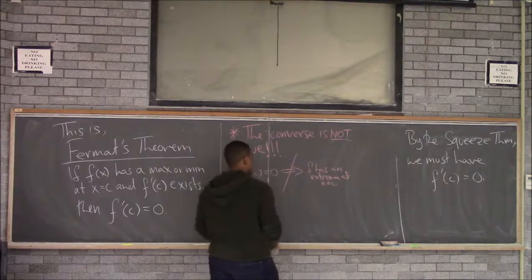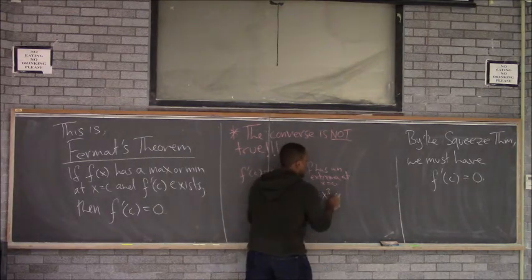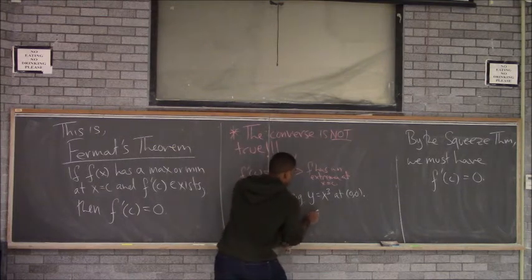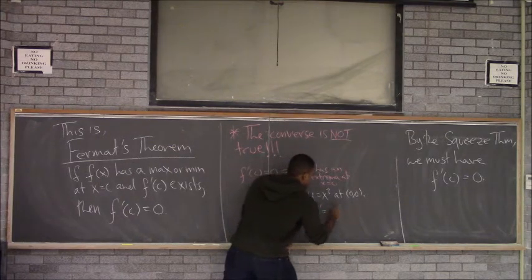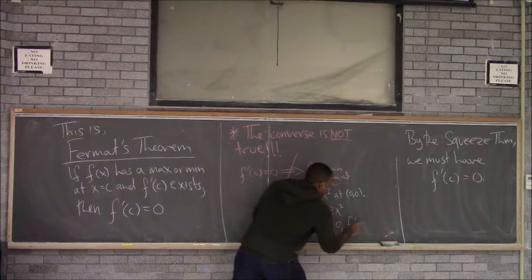There's a nice example here. Look at y equals x cubed at the origin. If I look at f prime, that's 3x squared, at x equals 0, f prime equals 0.